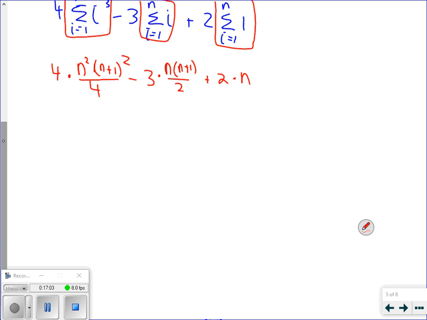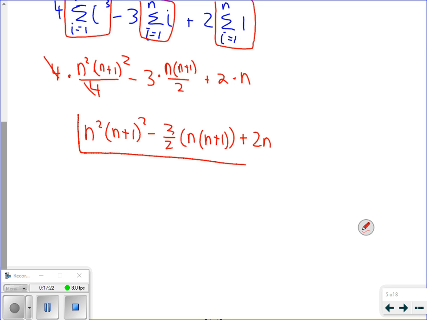That's not too much simplification. The 4s cancel. Maybe we can say 3 halves n. Let's just say n squared times n plus 1 squared, minus 3 halves n times n plus 1, plus 2n. Let's not get anything crazier than that.